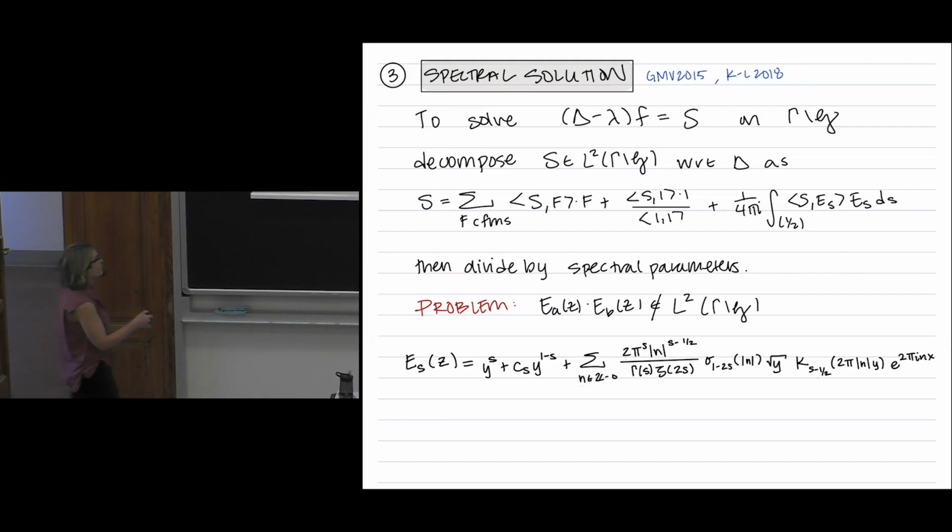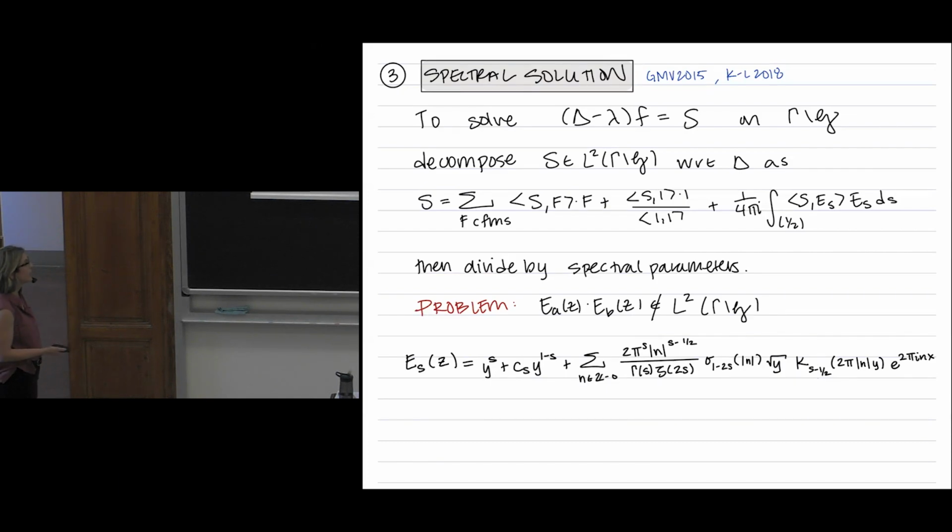Again, as I said, my problem is that my product of Eisenstein series is not in L2. It's not even in the appropriate Sobolev space in order to write a spectral expansion in this form because of this constant term growing too quickly.